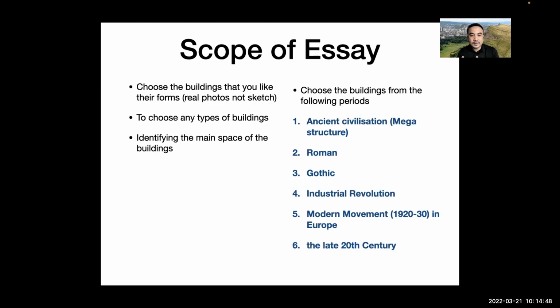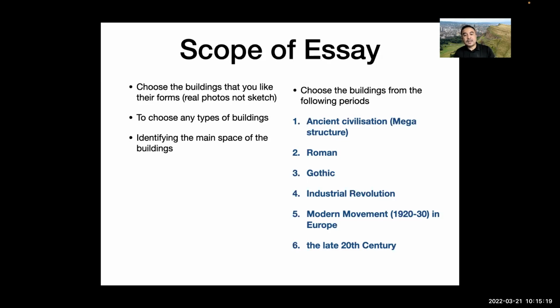And then Roman is the Pantheon, the Colosseum. It's a lot of wooden frame houses. Then we move on to Gothic: vault, rib vault, lots of churches. Industrial revolution, the change of materials, and then the modern movement in the 1920s and 30s. Concrete and reinforced concrete were used.